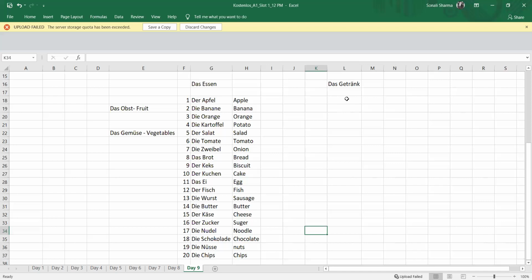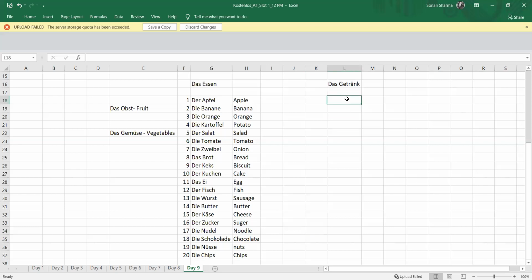Der Käse, cheese. Der Zucker, sugar. Die Nudel, noodle. Die Schokolade, chocolate. Die Nüsse, nuts. And the last one is die Chips, chips.